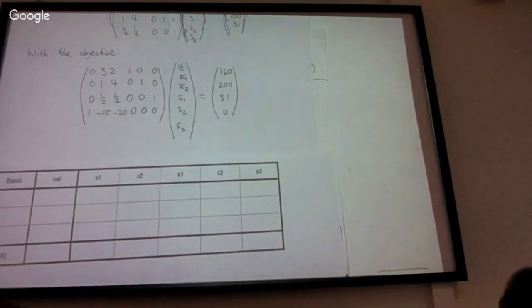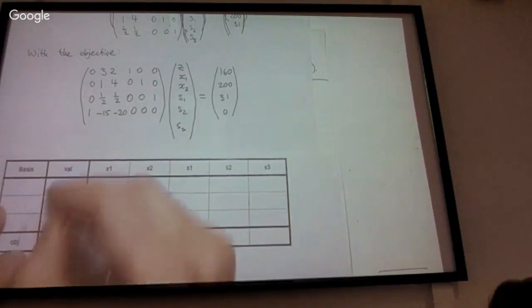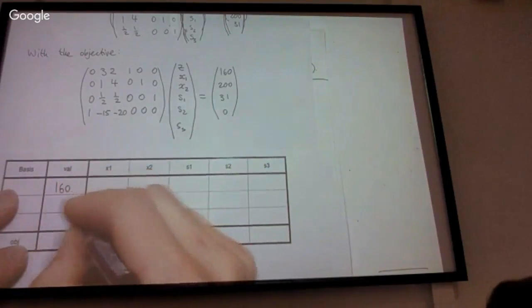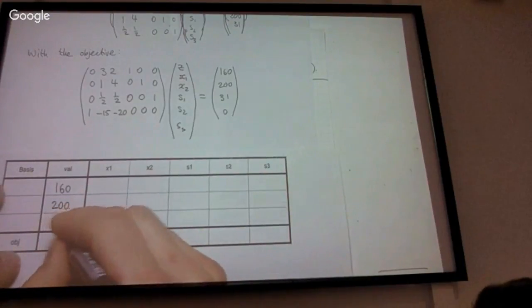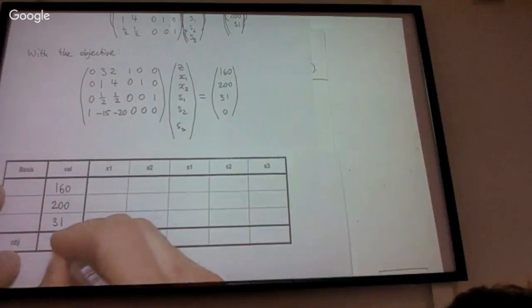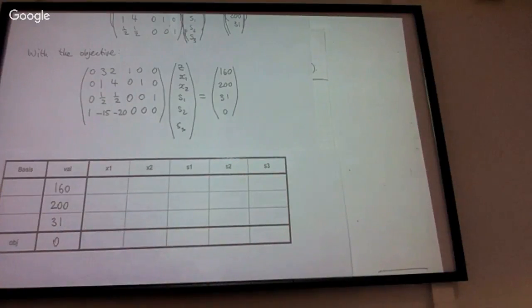Now, for historic reasons, I always write the right-hand side as the first column, which is called val in this. Hope that's not very confusing. So this is where the right-hand sides are sitting, the values on the right-hand side. And the rest of the tableau.